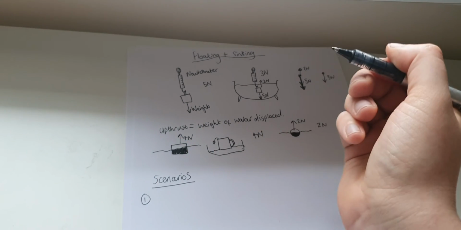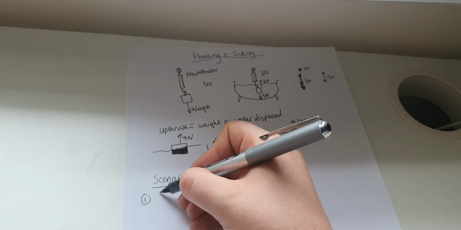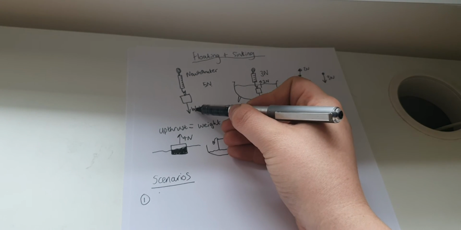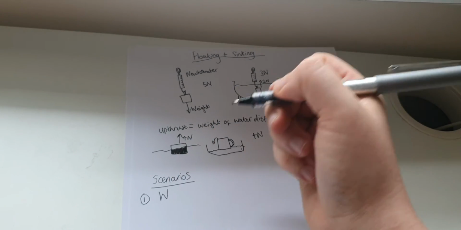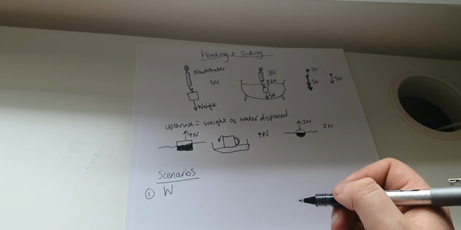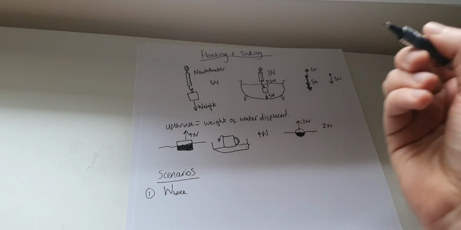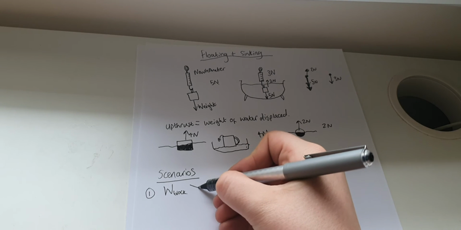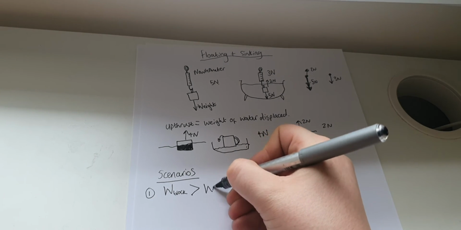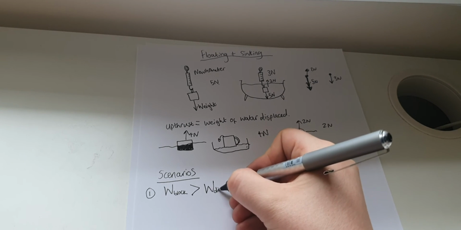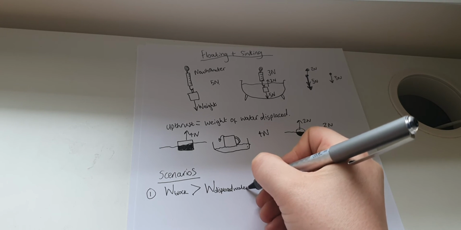Number 1. Let's say, remember, what did I say the symbol for weight would be? Capital W. So I'm going to put capital W rather than writing out weight each time. Weight of the block is bigger than, or greater than, the weight of the displaced water.